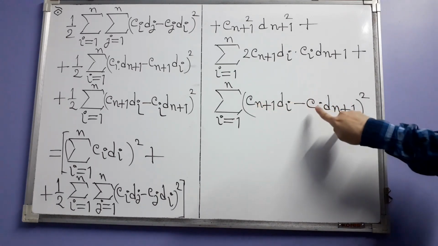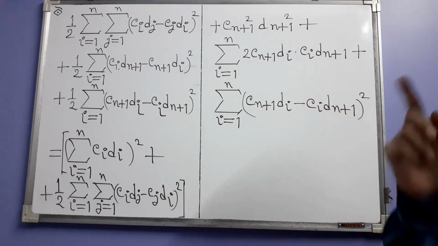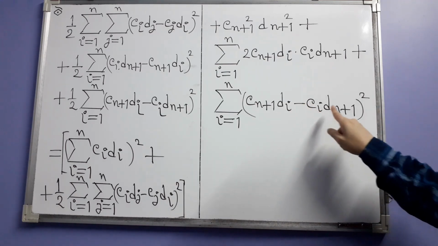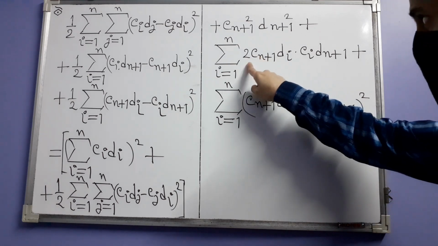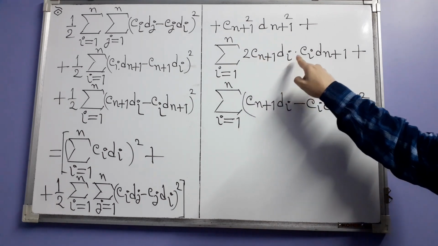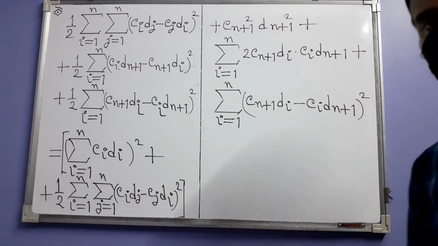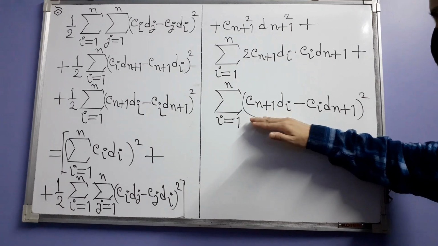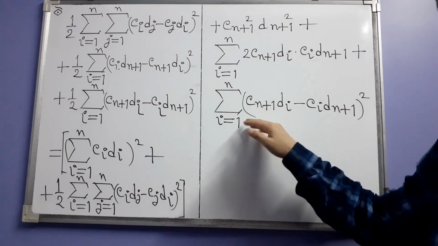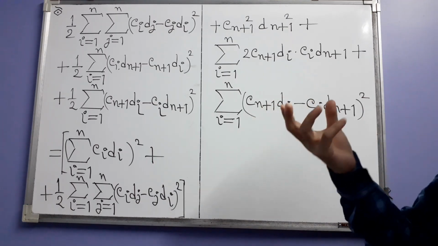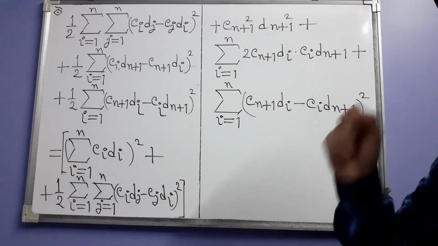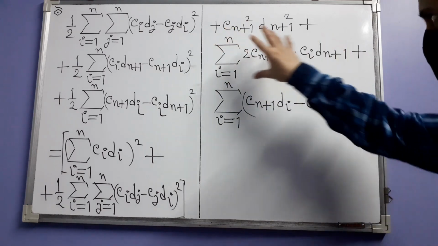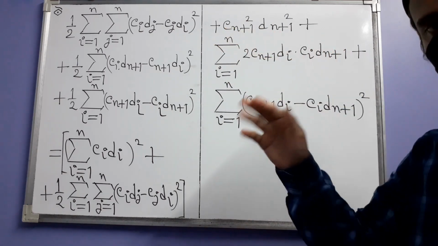This square plus this square minus 2 times Cn plus 1 di times Ci dn plus 1. Here you have plus 2 times Cn plus 1 di times Ci dn plus 1. So they will cancel out. So that means if we expand all the squares which are the terms of this sum, then the 2 times part, all those parts in this square, they cancel out with all these things which are available there. They are negative versions.